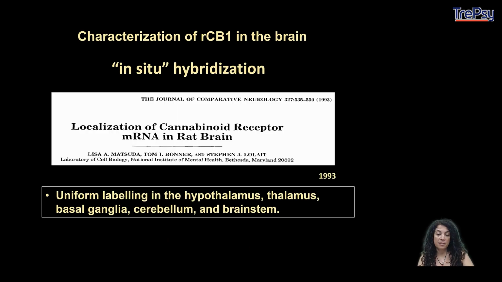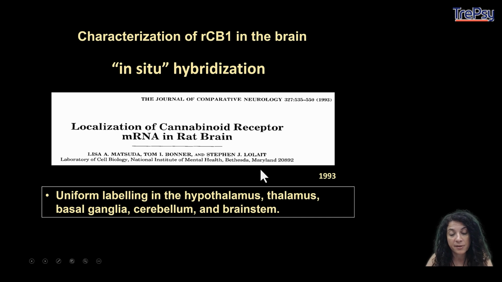Then in 1993, the work from Matsuda found, by in situ hybridization, uniform labeling of cannabinoid receptor 1 in the hypothalamus, thalamus, basal ganglia, cerebellum, and brainstem.